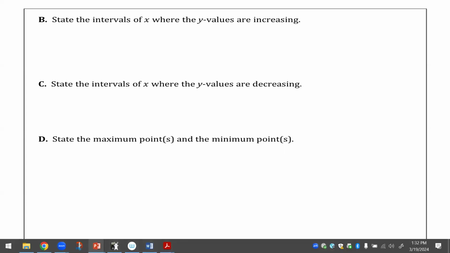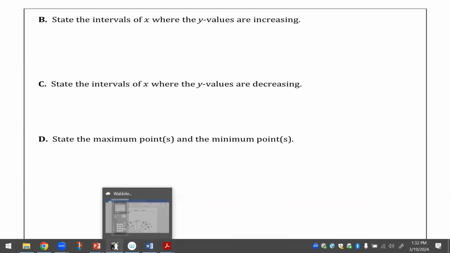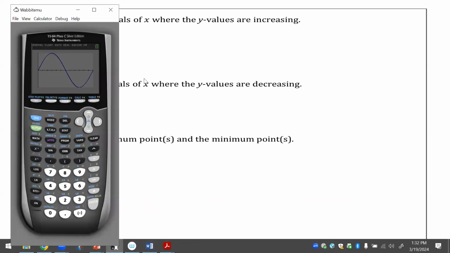Yes, brackets. 0 to pi over 2, and where else? Good job. So we're from 0 to pi over 2, and from 3 pi over 2 to 2 pi. Agreed? Increase, increase.